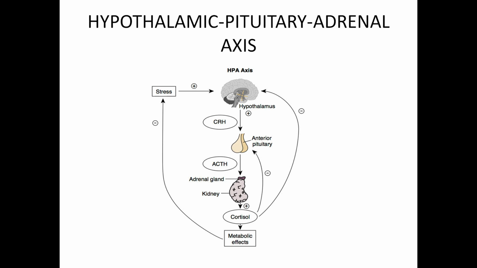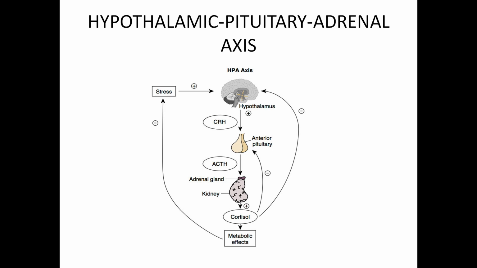Then this adrenocorticotropic hormone acts on the adrenal gland that is present above the kidney. Okay, then the adrenal gland secretes cortisol, and it controls the required amount of the hormones. When the hormone level reaches its required amount, then it sends signals to the hypothalamus and the pituitary gland not to secrete more hormones.